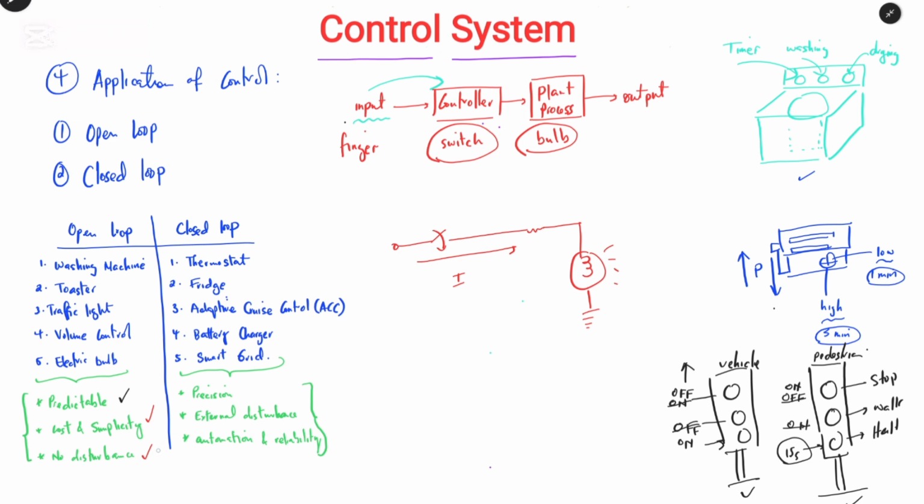Even though there is light in the room or during the day, it won't care whether there is light in the room or there is no light in the room. All it cares about is when someone is pressing the switch to turn on or turn off the light. Therefore, precision is not too important. We don't care about reliability and automation. Therefore, we normally choose an electric bulb as an open loop system.